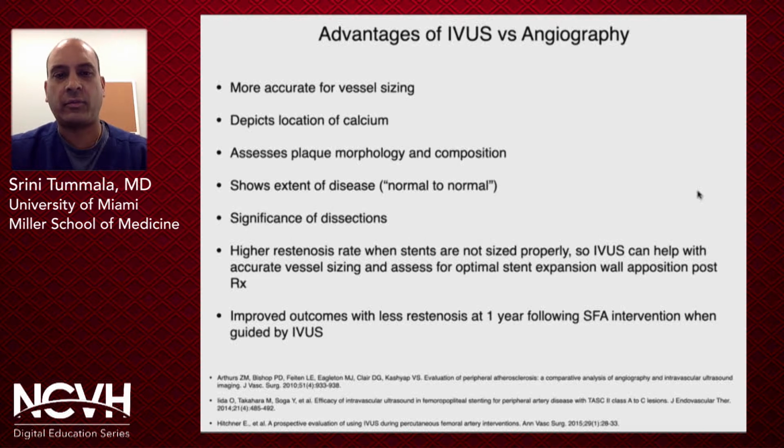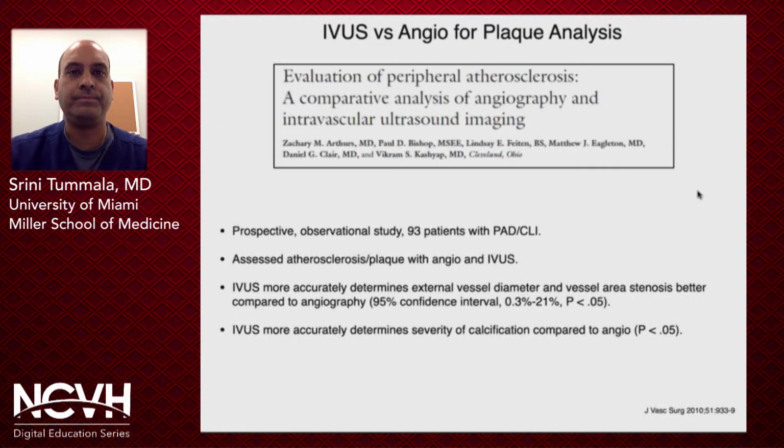We know that there are higher restenosis rates when stents are not sized properly, so IVUS can help with vessel sizing and assessing optimal stent expansion and wall apposition post-treatment. And there's some data now showing improved outcomes with less restenosis at 1 year following SFA interventions guided by IVUS, including stent placement as well as atherectomy.